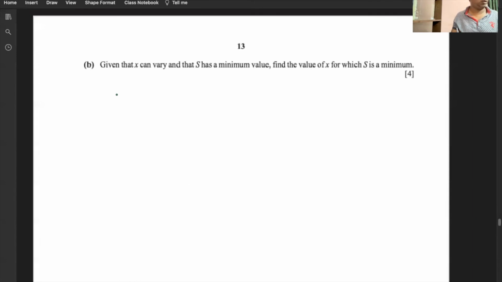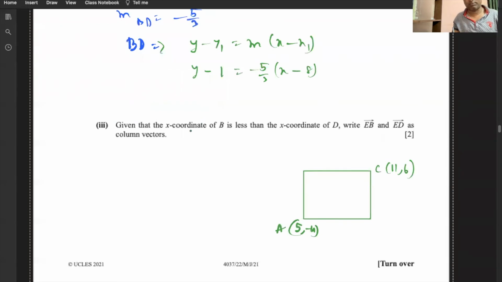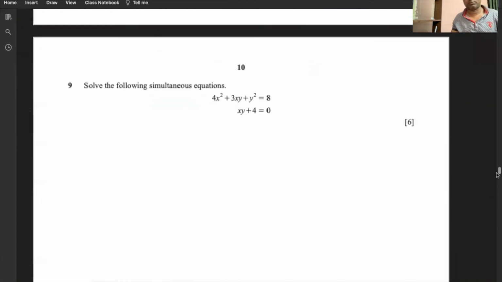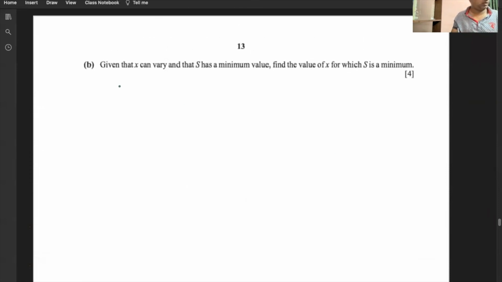After differentiating, we are having s equals 5 by 3 pi x square plus 1000 divided by x, and differentiate this one, 10 by 3 pi x, I mean, this will be minus. ds/dx equals 10 by 3 pi x minus 1000 by x square.